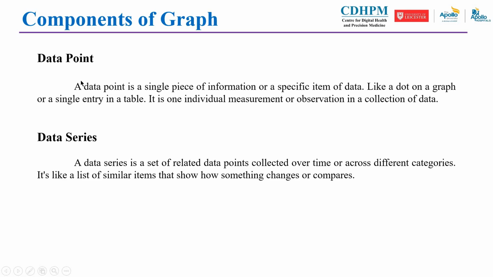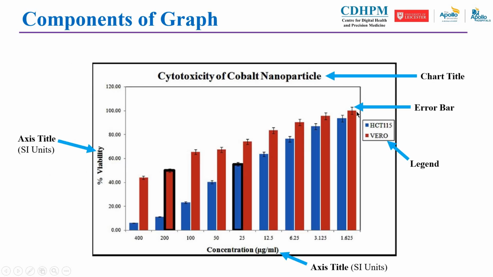So this is what you call it. Data point means the actual point at which you are seeing the result. For example, at the x-axis of 1.6 microgram per ml concentration, the cells demonstrated a total of 100% viability. The 100% is nothing but an average. That is your data point. However, you have repeated the experiment 3 times.